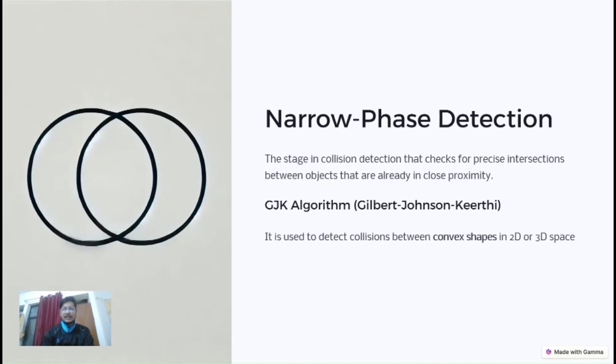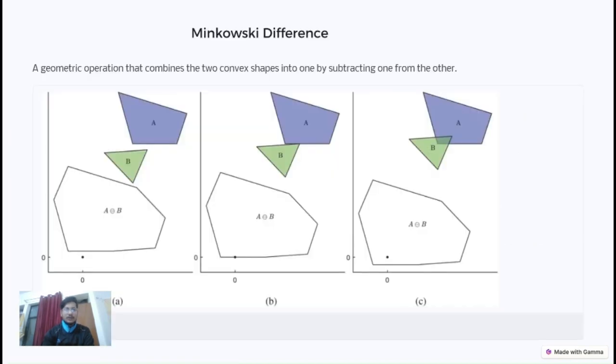Before studying it, let us know that there are three main components of this algorithm: the Minkowski difference, the support function, and the simplex. These are used to calculate the GJK algorithm, which helps to find the objects' collision. Here we have two convex polygons, A and B.